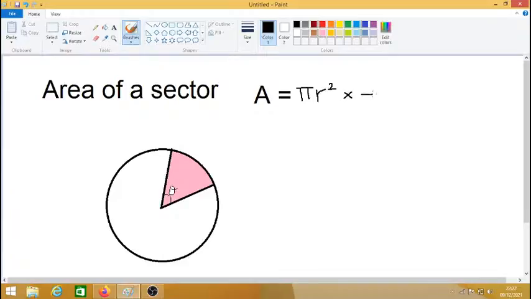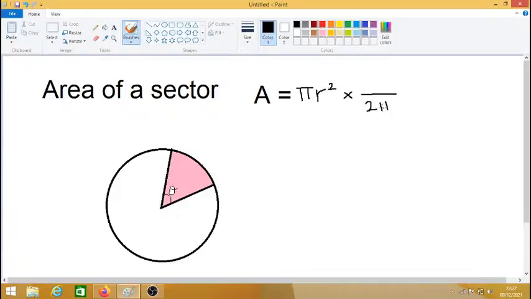How big a fraction will I need? The total that goes on the bottom of the fraction will be 360 degrees, because that's the total degrees of a full circle. But rather than write 360 degrees, we want to work in radians. So instead of 360, we write the equivalent in radians, which is 2 pi.